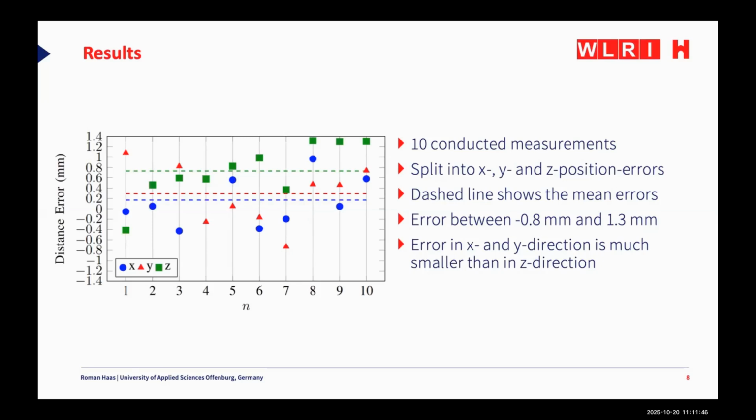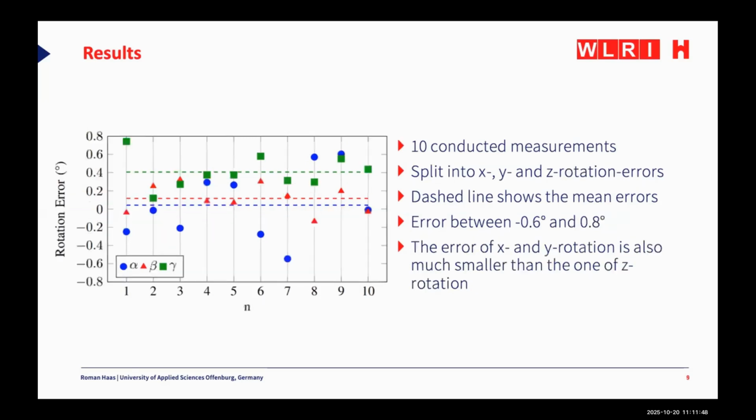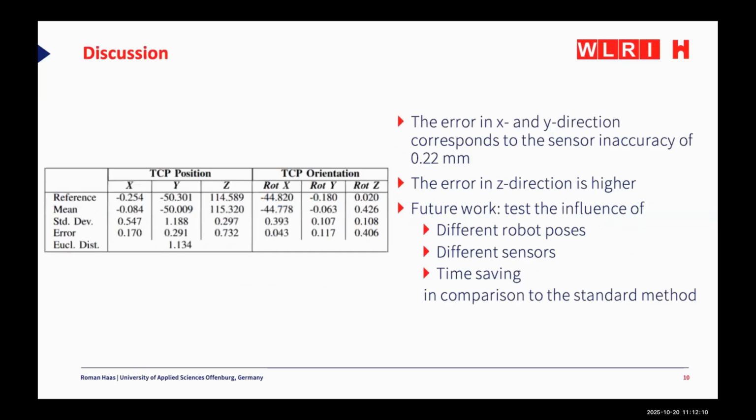The green one is much higher. Here we see the rotational errors. We did the experiments exactly the same as for the positional error, and we got an error between minus 0.6 degrees and plus 0.8 degrees. And also the same behavior, so the XY error is much smaller than the Z direction.